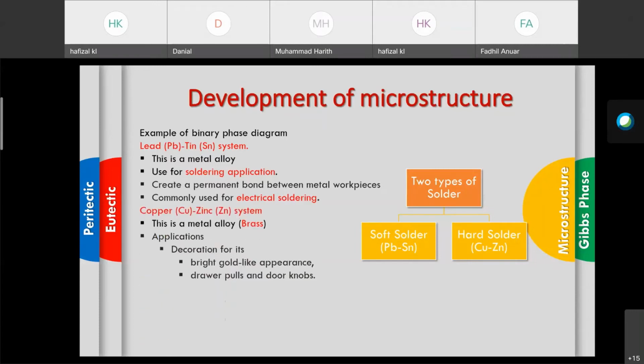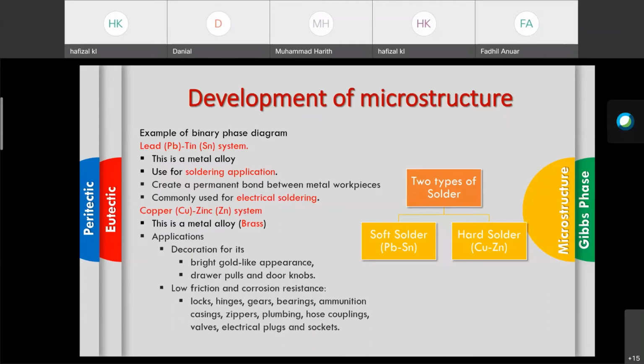Copper and zinc are applied for decoration and appearance, like drawer pulls and doorknobs, and other applications like locks, hinges, gears, zips, electrical plugs, and sockets. So this is the kind of binary phase diagram of soft solder and hard solder.